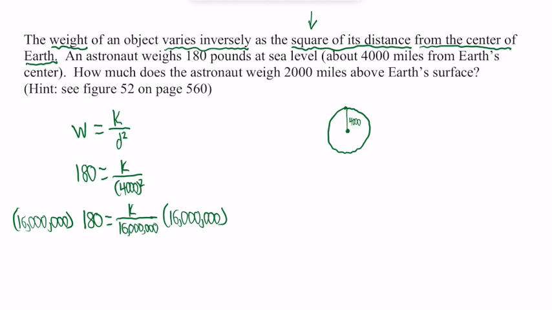So now we multiply 16 million times 180. Oh, I typed something wrong in my calculator. I have to start over. 16 million times 180. There we go.